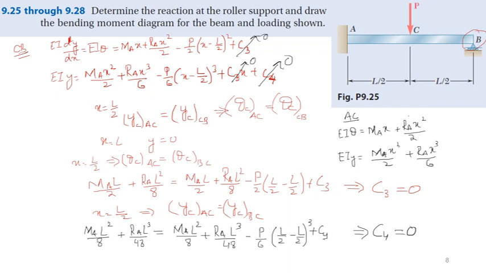Now, we know this expression in terms of MA and RA, right? And if you remember, we already calculated MA and RA in terms of RB. And if you put the boundary condition that at x is equal to L for segment CB, y is equal to 0. So let's see.